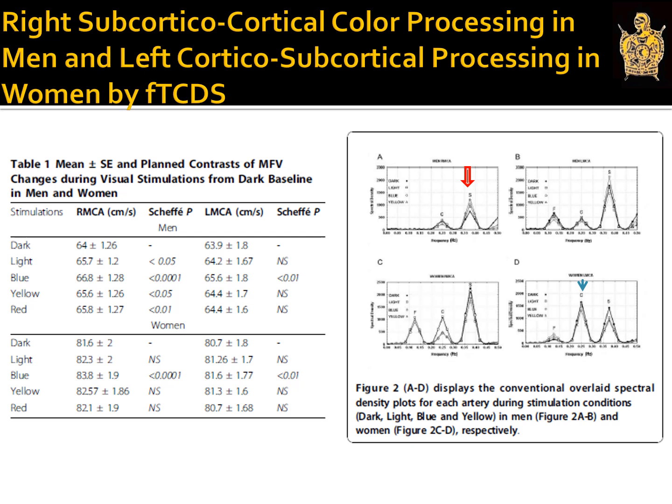Using spectral density curves, we demonstrated that the changes in men showed right subcortical-cortical changes during color processing, but left cortico-subcortical changes in women. This is demonstrated in the spectral density plots on the right-hand side. Red for male changes and blue for female changes.